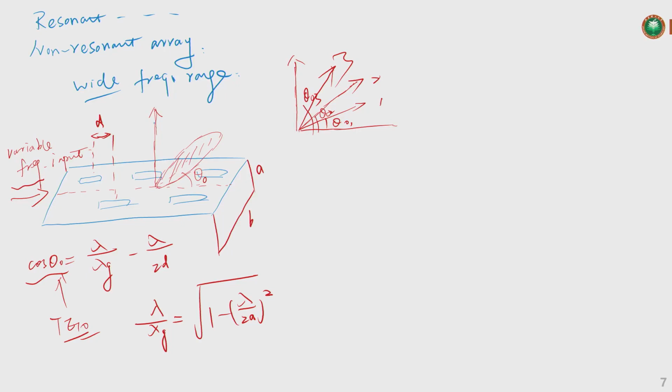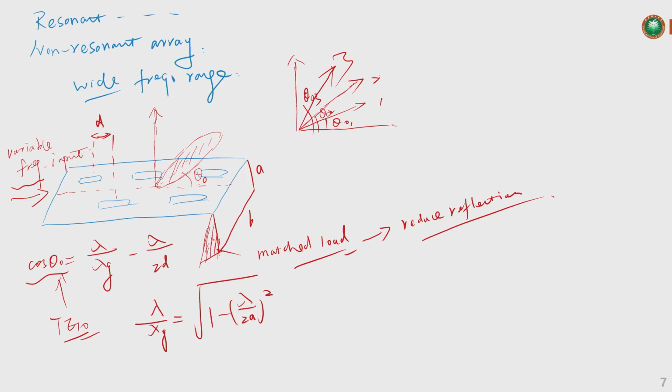So at the end of this part, we add, for example, a matched load, for impedance matching to reduce reflection.